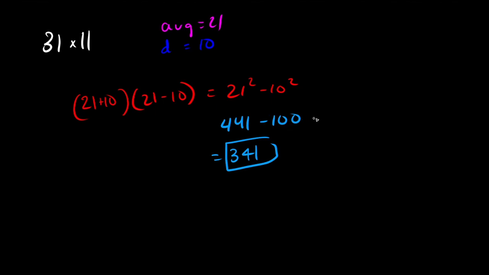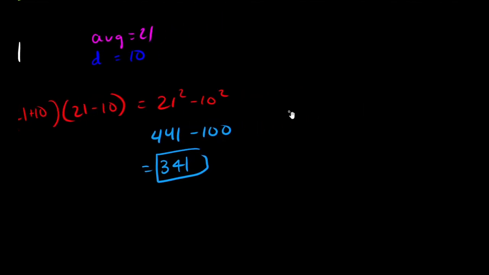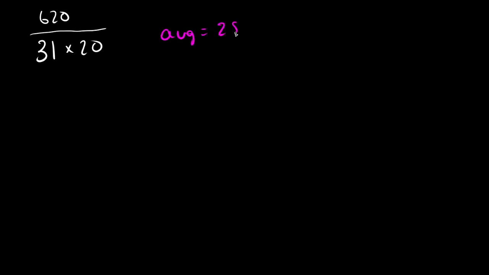But even then, the number's average doesn't even have to be an integer. Really, let's take another equation, 31 times 20. From our basic knowledge of mathematics, we know that the answer is 620, and you can keep that in mind to check back with our answer. Really, let's try and find the average of these two numbers, which is nothing but 25.5, and the distance between these two averages is nothing but 5.5.